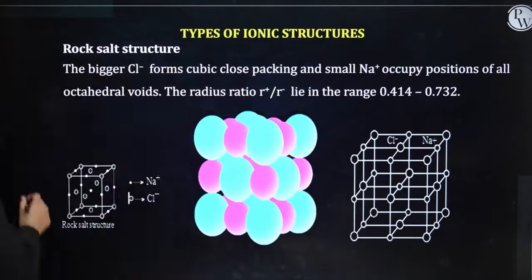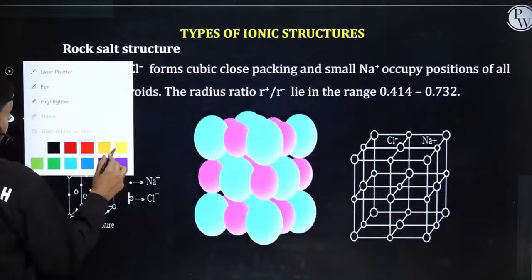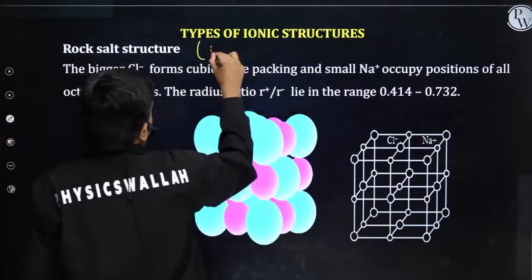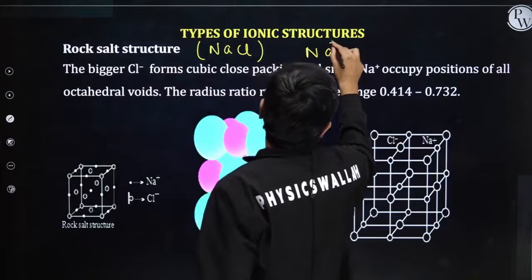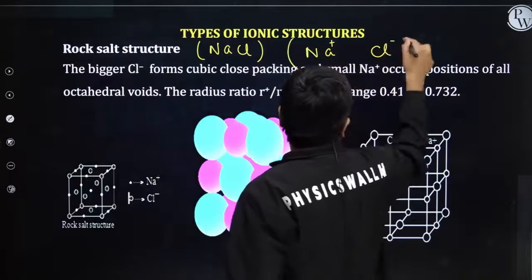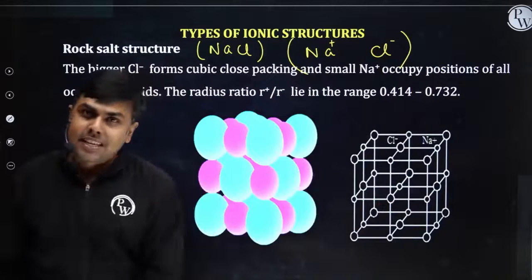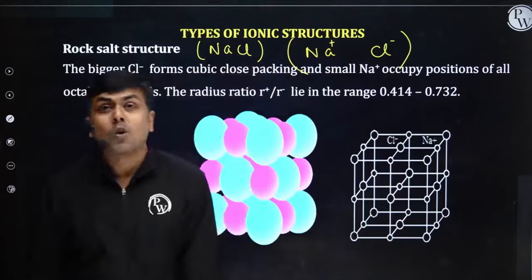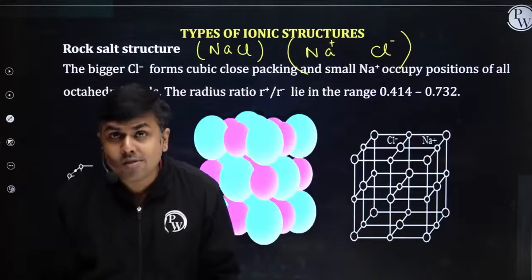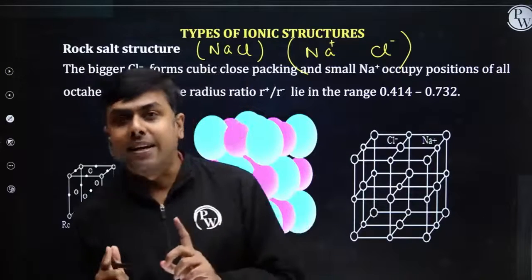First, rock salt structure. The formula is NaCl. Ions Na+ and Cl-. Can you tell which one is having a larger size? Cl-, right? Okay. So students, in this rock salt structure, the anions occupy the CCP lattice.